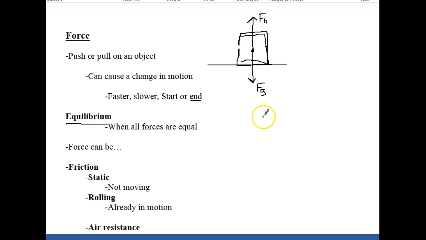Because it can also be that an object is moving at a speed that doesn't change, so a constant speed, then we know that equilibrium is also present there, because it's not slowing down, it's not speeding up, it's keeping at a constant speed, so we know that all forces are equal. So this applies to no motion, right here.